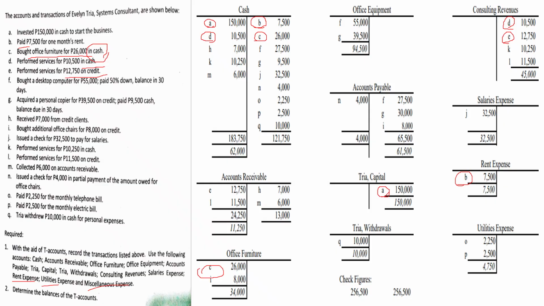And since it was on account or on credit, it means we did not receive cash yet. It is still to be received in the future. Therefore, it is still receivable. So, letter E, we increase our receivable, an asset, because we are yet to collect the cash from it. So, we debit 12,750 on accounts receivable.